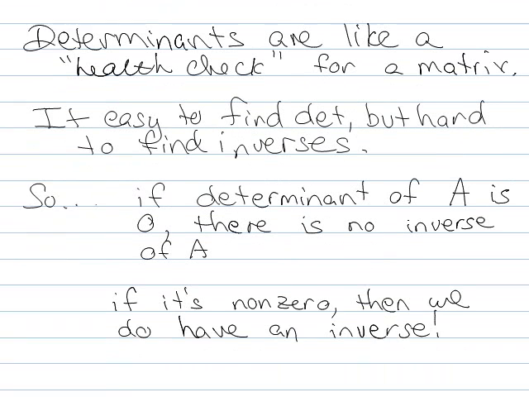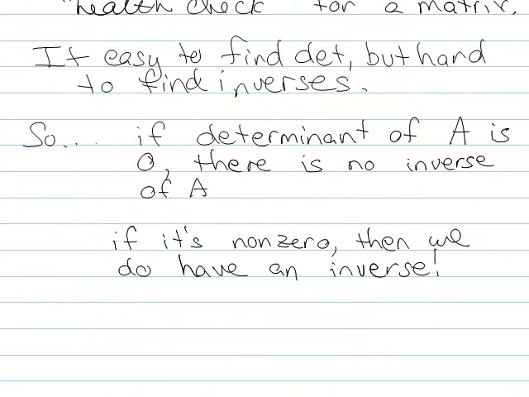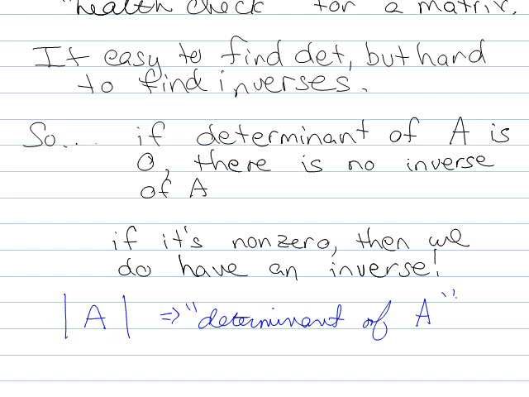All right, so I tried to sneak some symbols in on you, and they were not appropriate for this class. So this means determinant of A. Determinant of A is the big, long, extra long lines on both sides of the A. On your calculator, I do think they actually use the word DET to also be the determinant of A. So if you want to find the determinant using your calculator, you can do that.